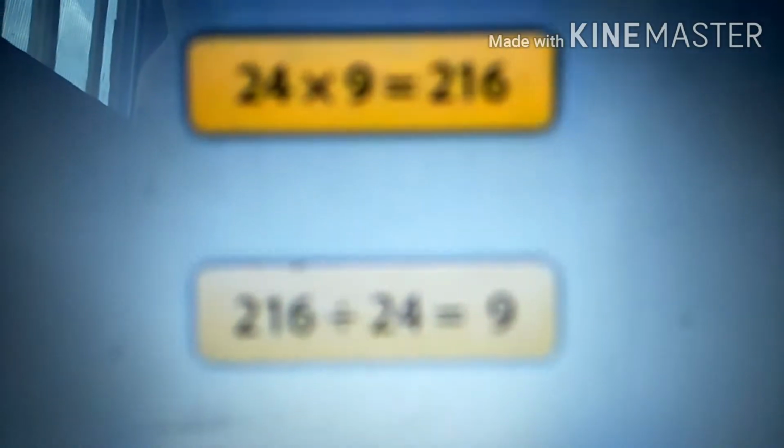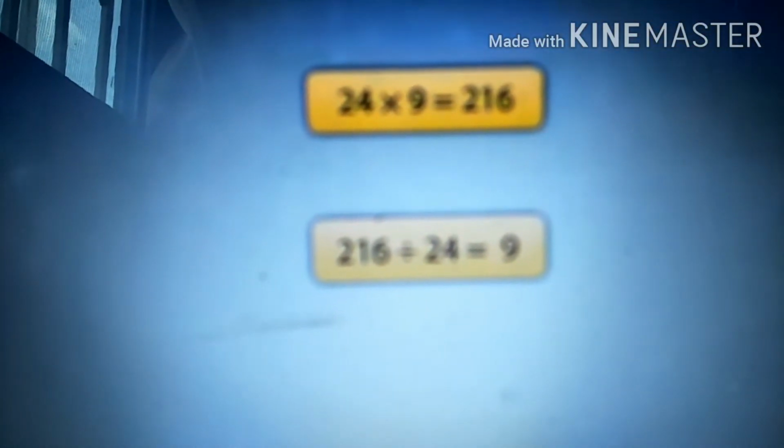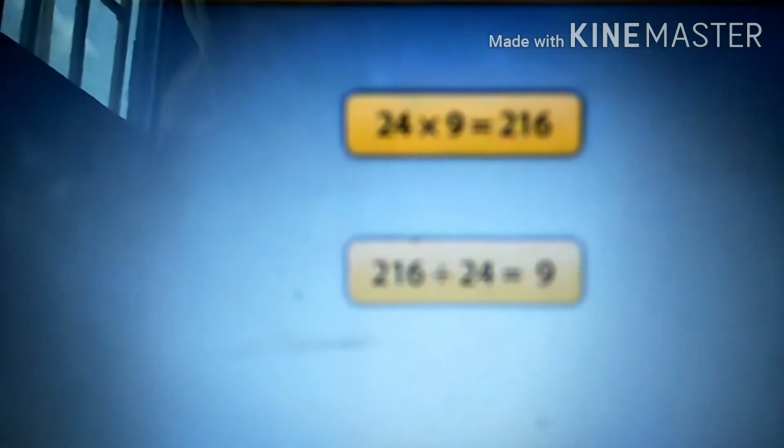Look at these two statements. Do you notice anything special about these statements? 24 multiplied by 9 is equal to 216, and the second statement is 216 divided by 24 is equal to 9.